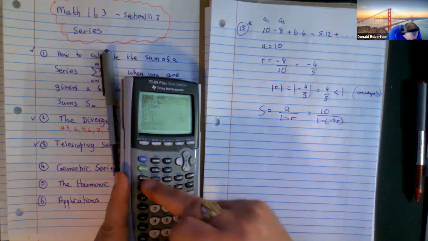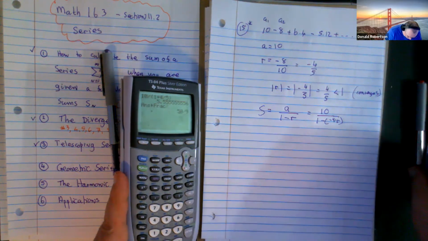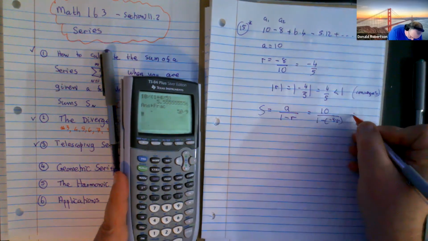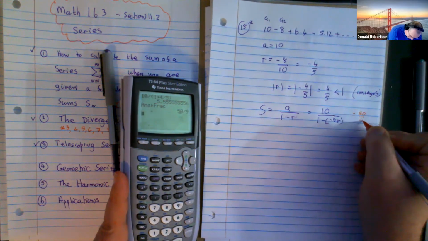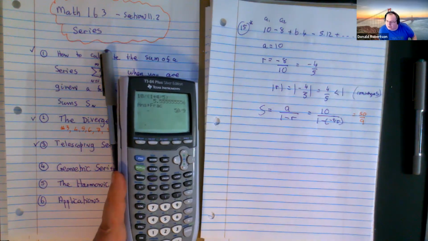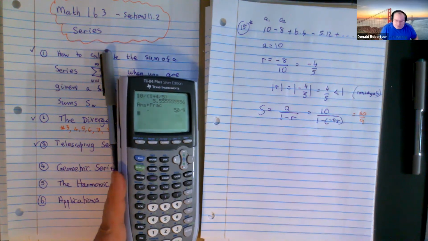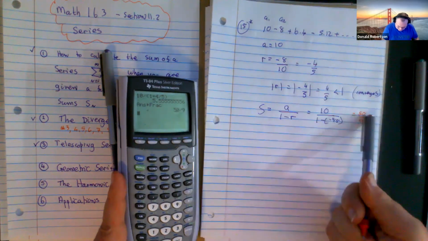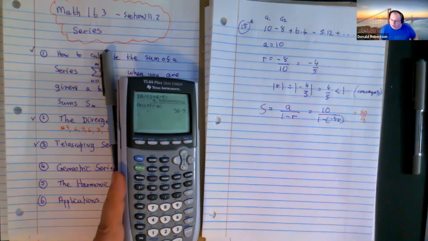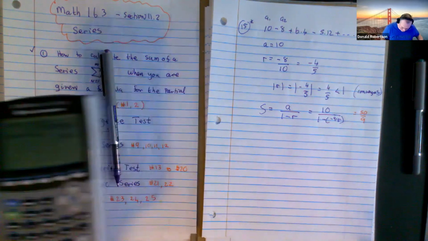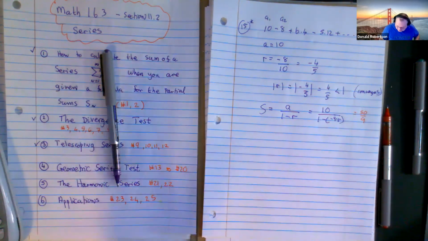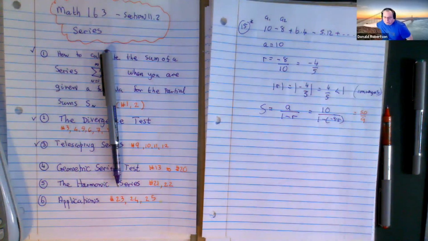Then hit the math button and turn the answer into a fraction. So the answer is 50/9ths. You happy about how you can use the calculator to do fractions? That adds up to 50/9ths. It converges to 50/9ths, or if you want a decimal, whatever that is as a decimal.